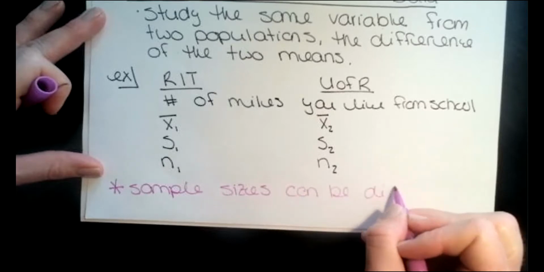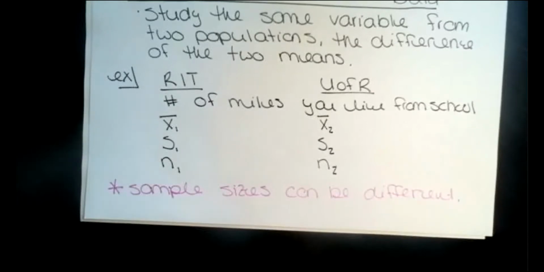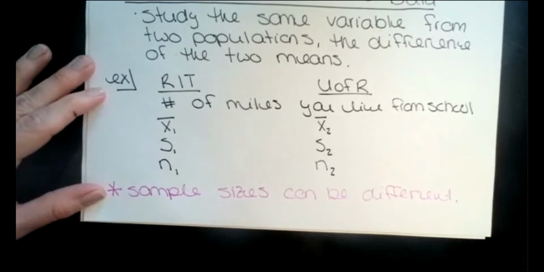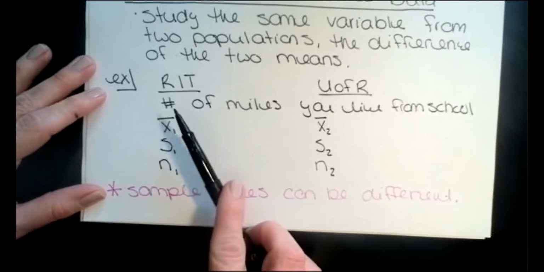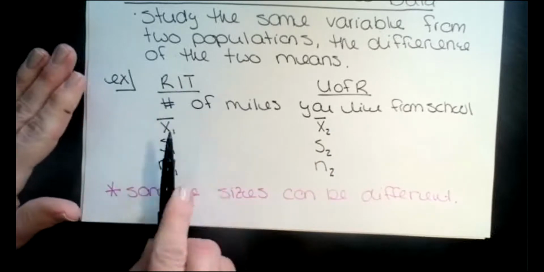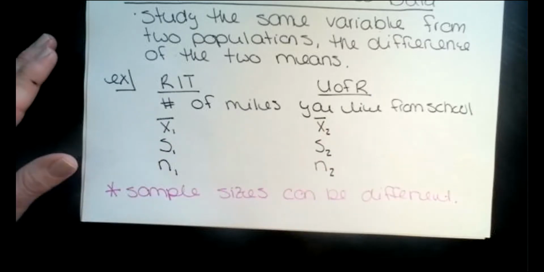They don't have to be, but they can be. That's what I meant when I said they don't line up one for one. It's not like the individual from here goes with the individual from here. These are separate individuals, with no link from one to the other. That's why they're independent samples.